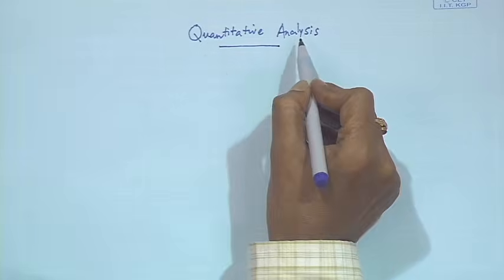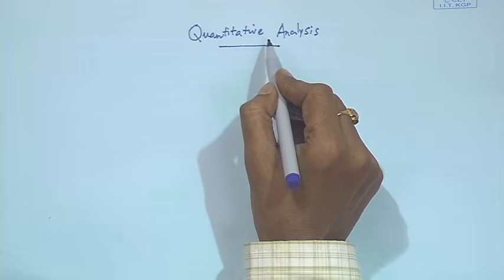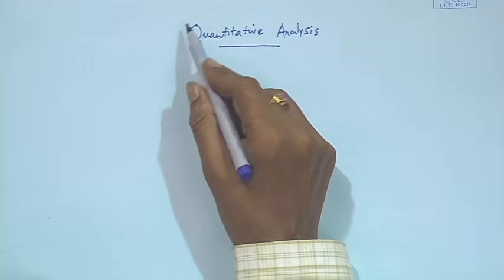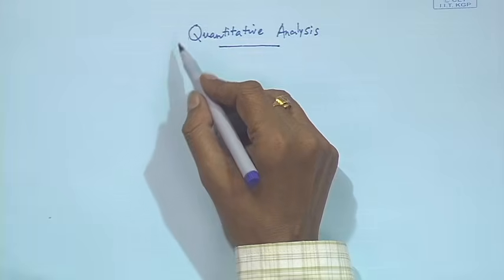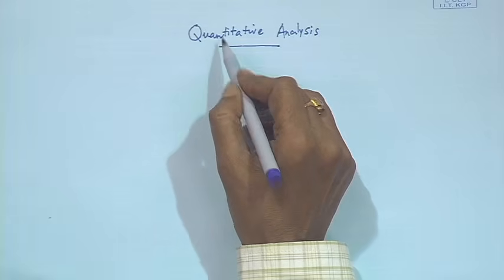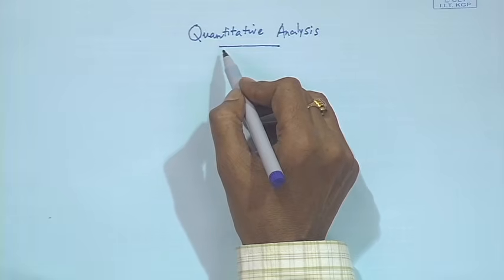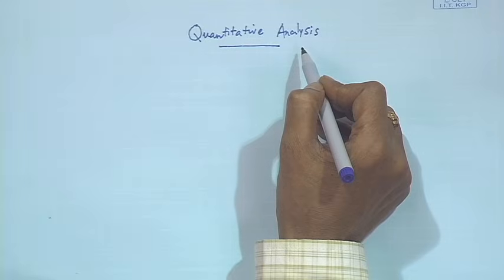Quantitative chemical analysis will tell us how much quantity of iron or how much quantity of sulfur or how much quantity of any other material or metal ion is present in this unknown sample. So, how can you proceed basically?